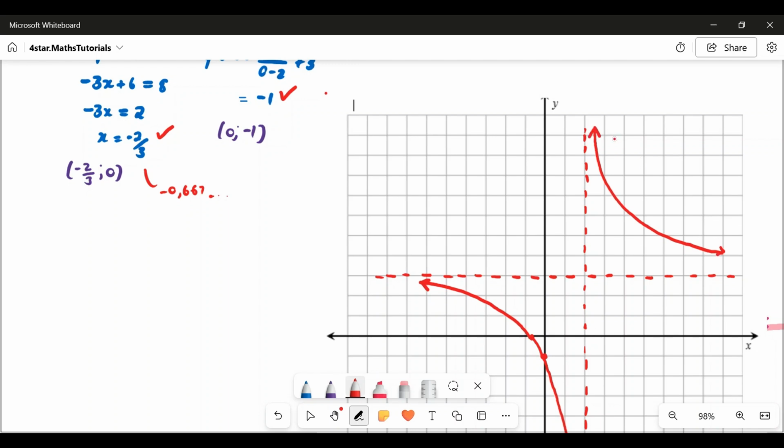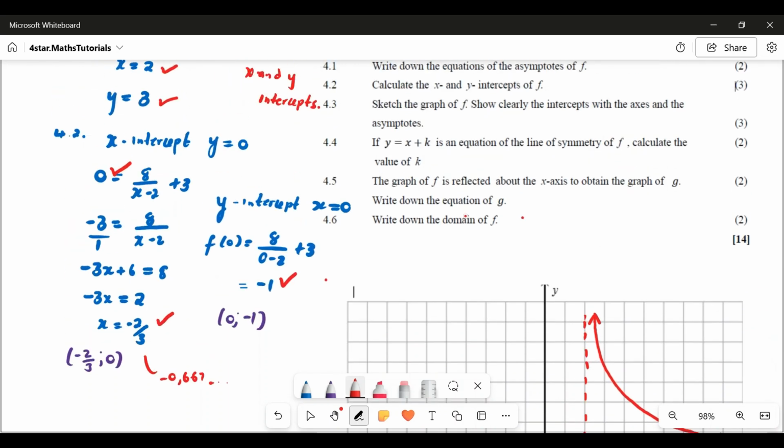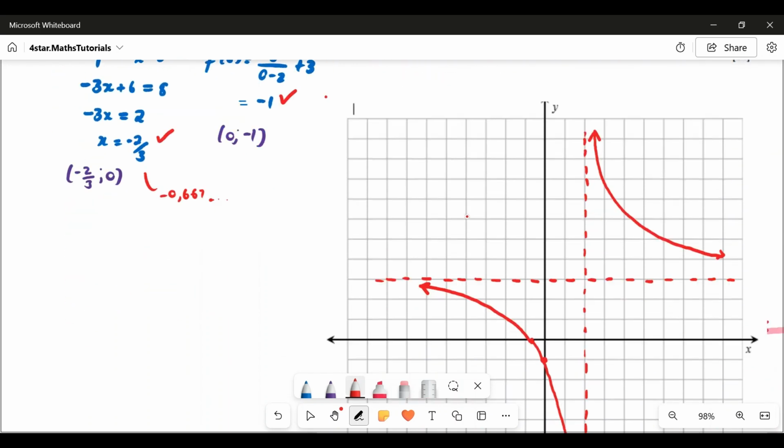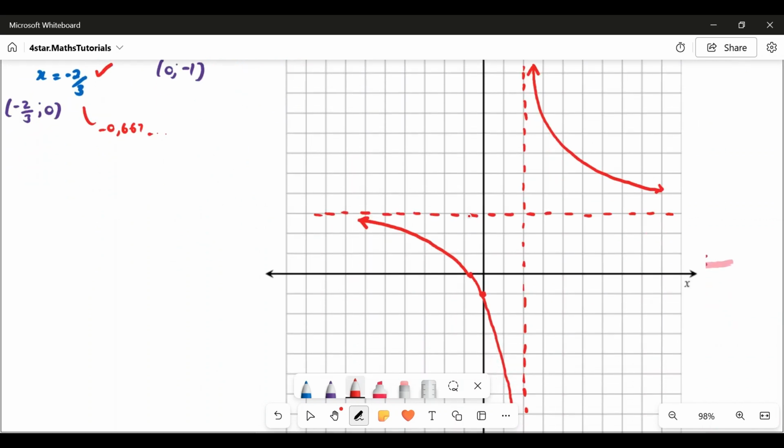Therefore, this is the sketch of f of x.